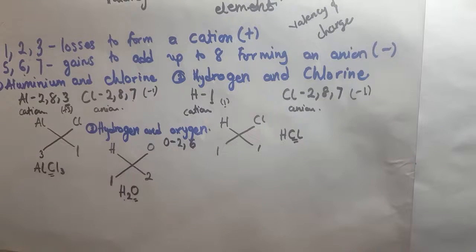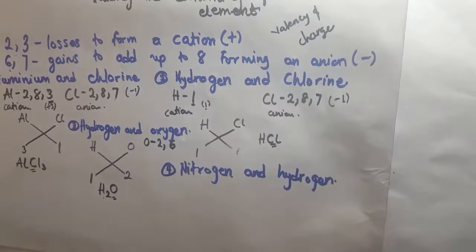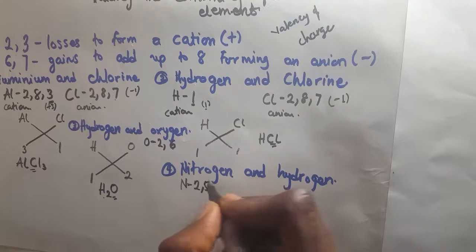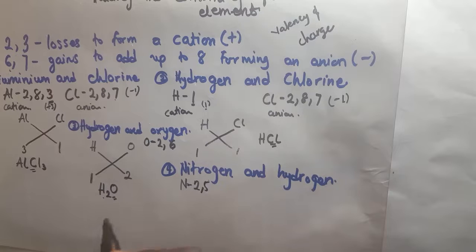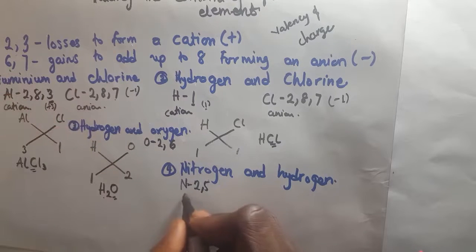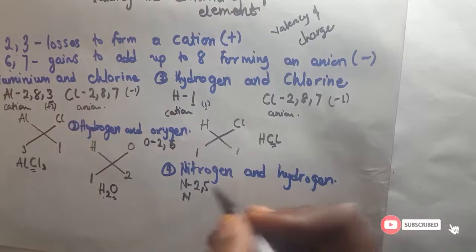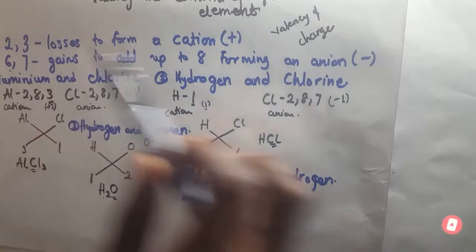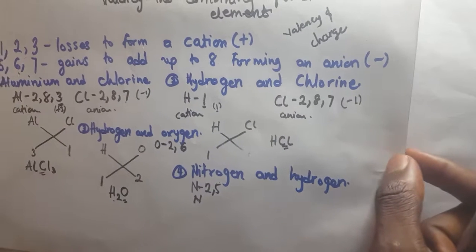So let's add a few more. So we have nitrogen and hydrogen here. Nitrogen is the 7th element, 2, 5. So nitrogen over here is going to form the anion. It means nitrogen has a charge of -3. Since it is gaining 3, it's going to be -3.